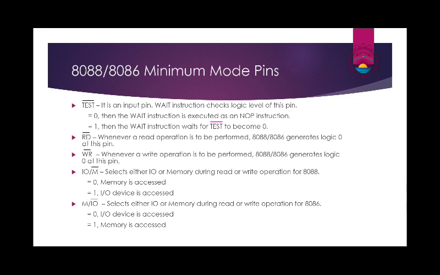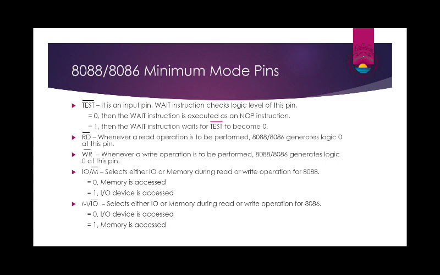Then we have to discuss operation of IO slash M bar. IO slash M bar is a pin present in 8088 microprocessor. This pin differentiates whether microprocessor is going to access memory or IO device. If microprocessor places this pin at logic 0, that means the generated address is for memory device.